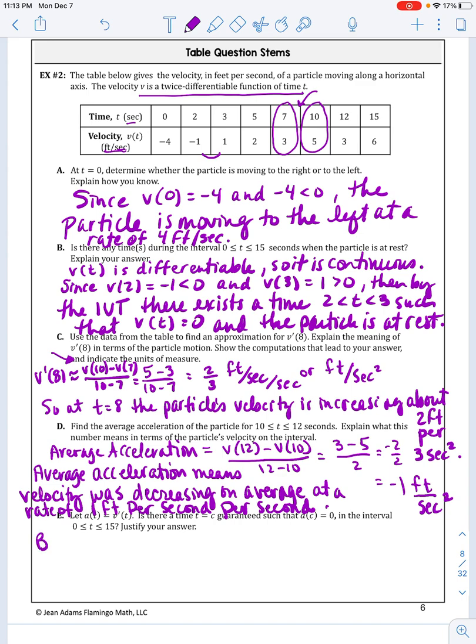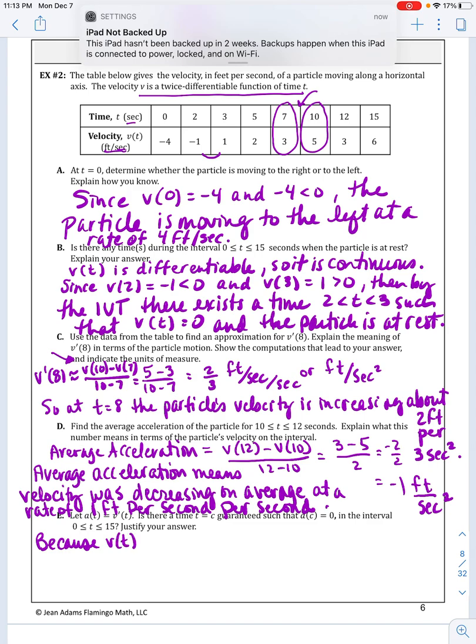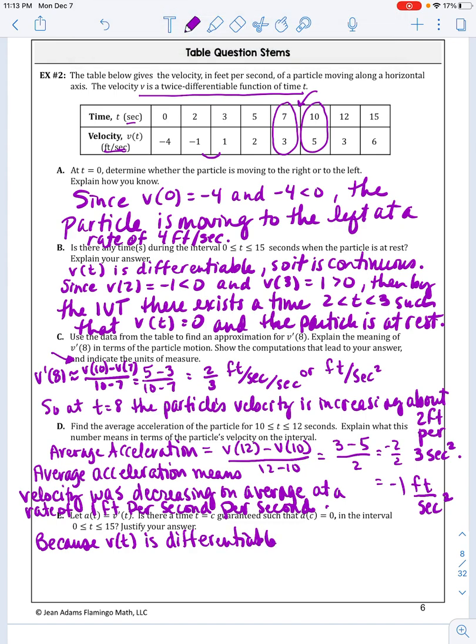All right, so now, because V of t is differentiable on that 0 to 15 interval, A of t is continuous.